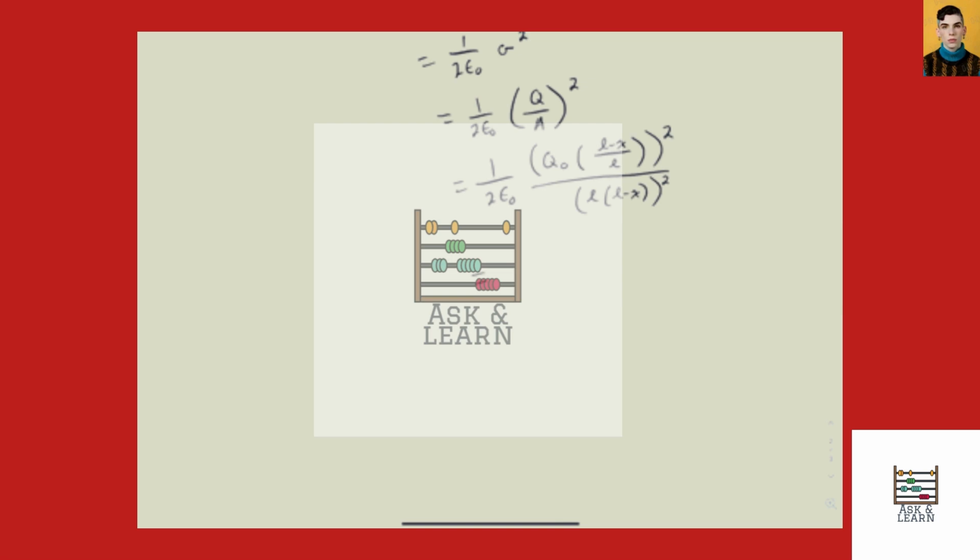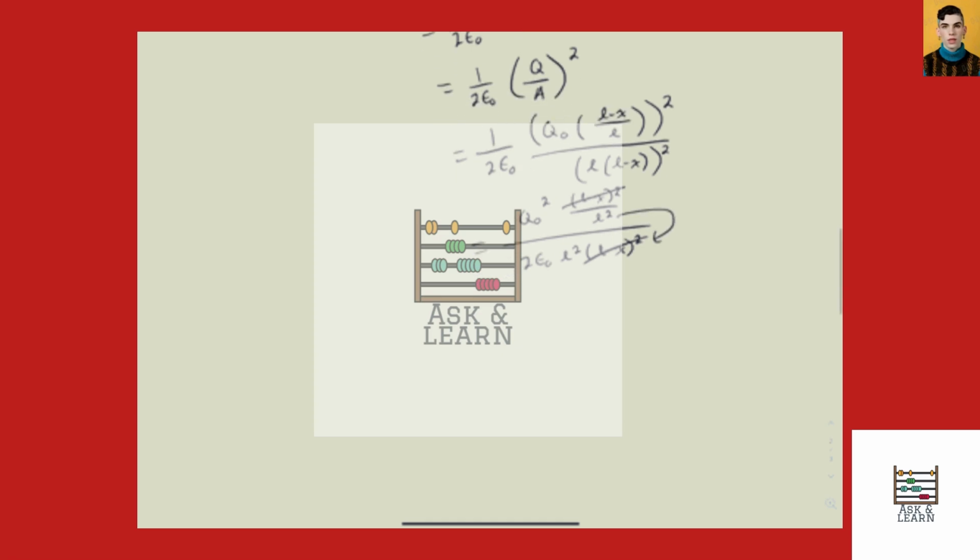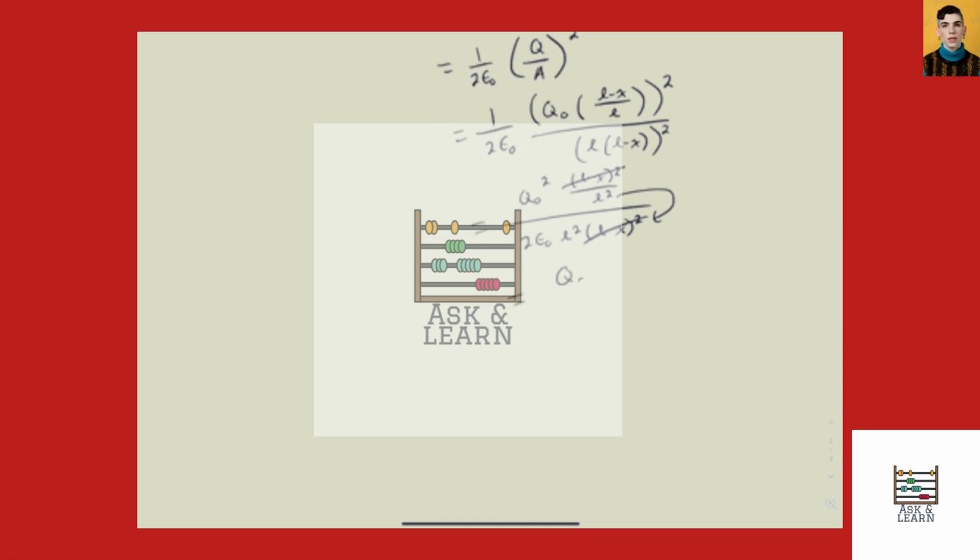So this is Q0 squared, L minus X squared over L squared, and the denominator of 2 epsilon naught L squared L minus X squared. So these cancel, and this comes in the denominator. We get Q0 squared over 2 epsilon naught L to the fourth.